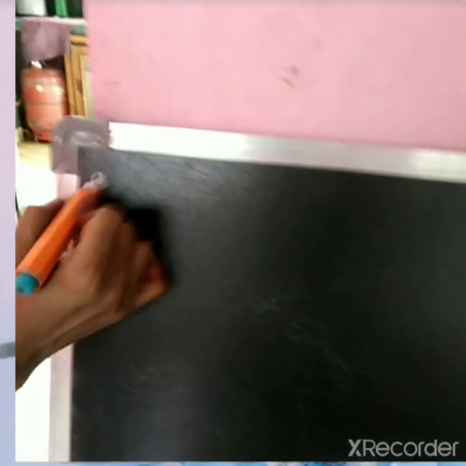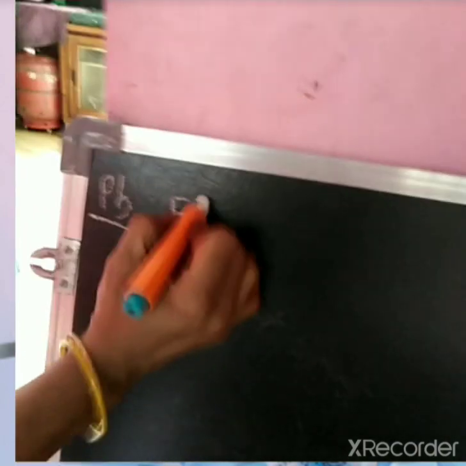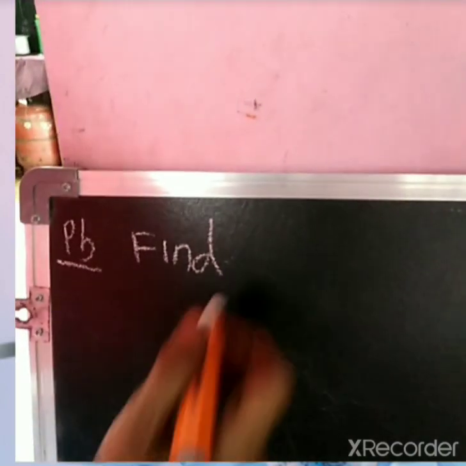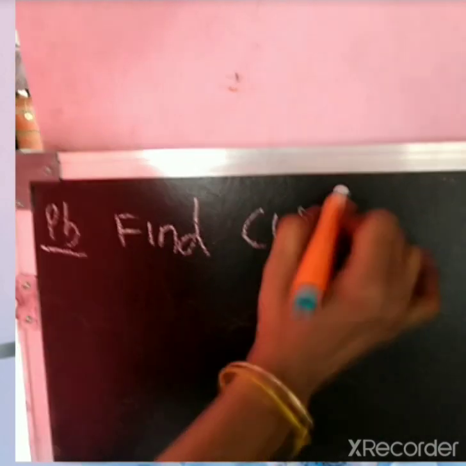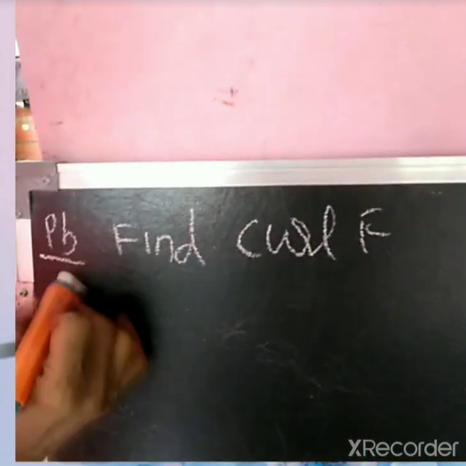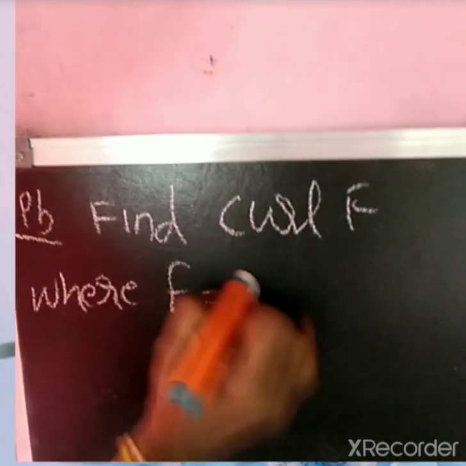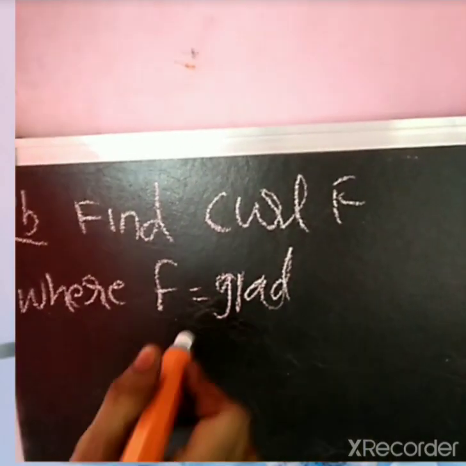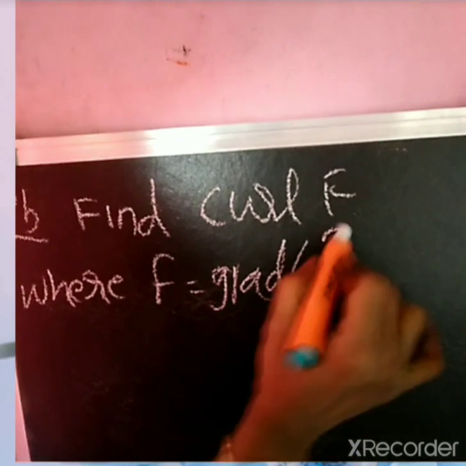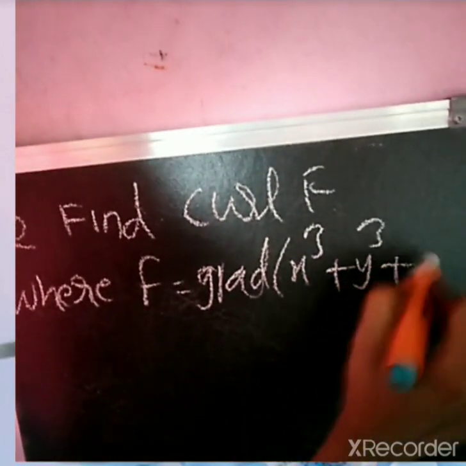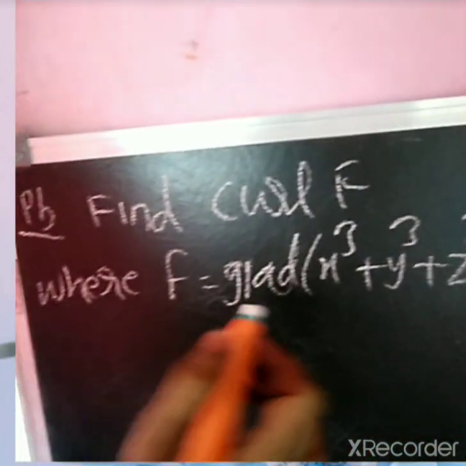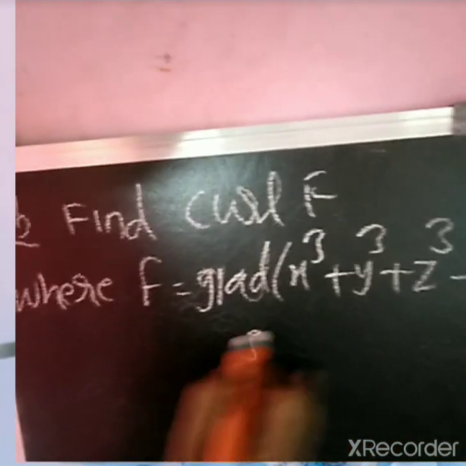Next problem: find curl f, where f is equal to grad of x cube plus y cube plus z cube minus 3xyz.